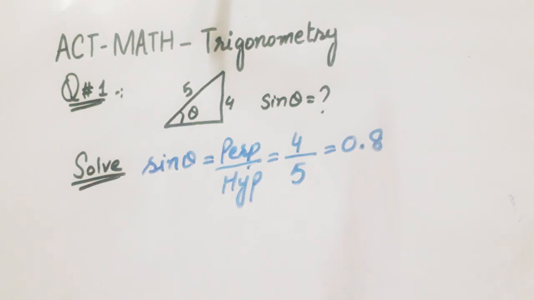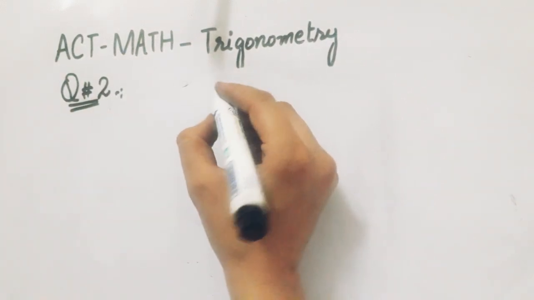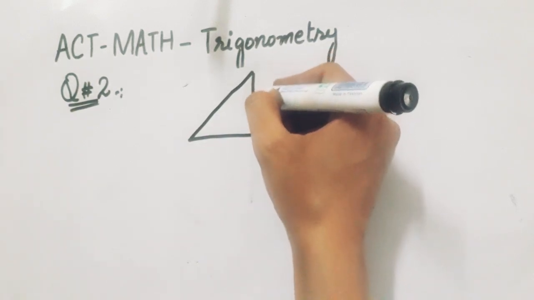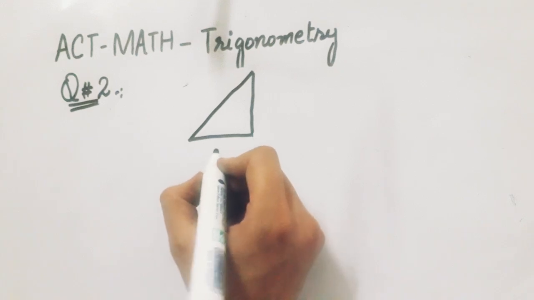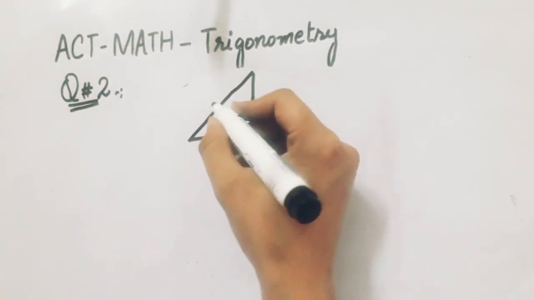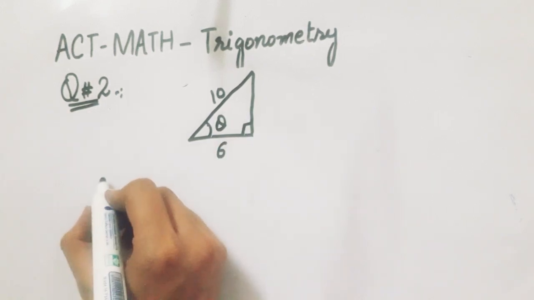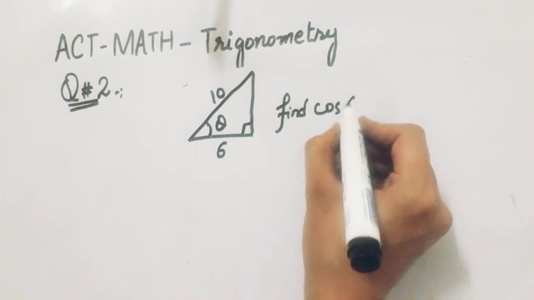Now we will solve the next question. Now in question number 2, again we have a right angle triangle, and if the adjacent side is 6 and the value of hypotenuse is 10, this angle is theta, find the value of cos theta.